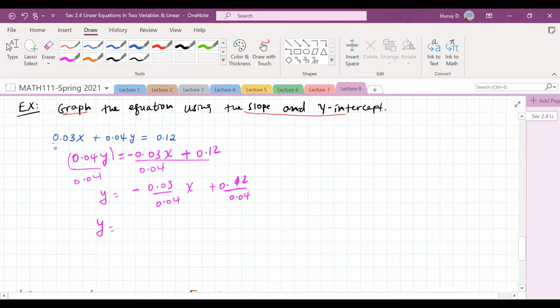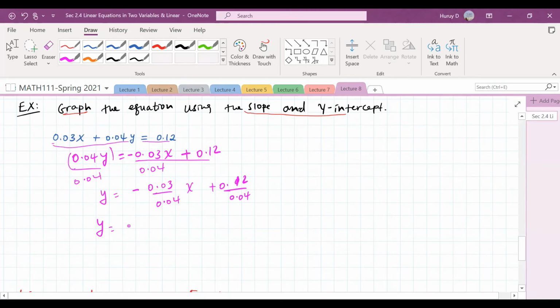You can even do that at this step by multiplying all of them by 100 on both sides. That's probably the best way, but we can still do it here, multiplying the numerator and denominator by 100.